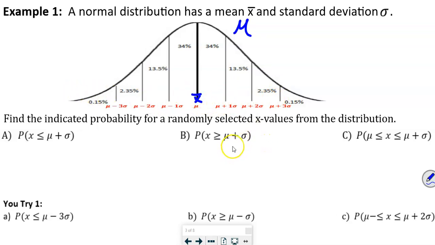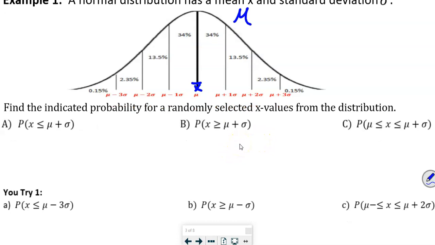Now what we're going to do first is use the standard curve with the percentages to find the indicated probability for randomly selected x values from the distribution. Let's look at the first one. What is the probability when x is less than mu plus 1 standard deviation? That means we're looking at this data right here, and it's saying less than, so we want all the data to the left of that.